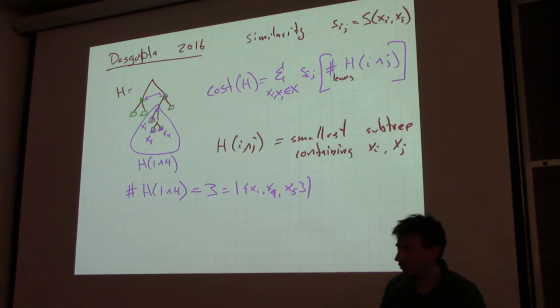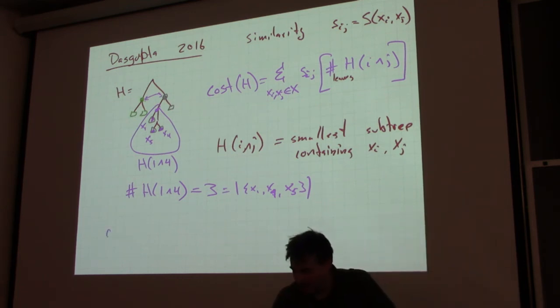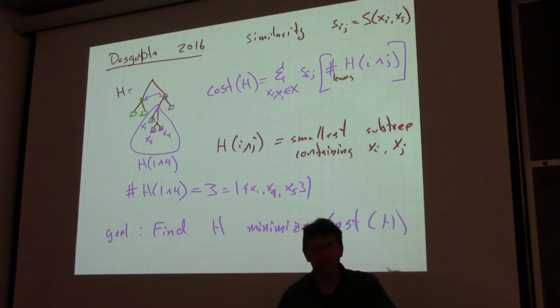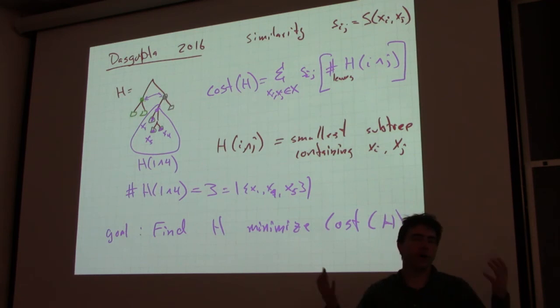So the goal is to find h to minimize the cost of H. Right? So I want to find the argmin over all hierarchies.